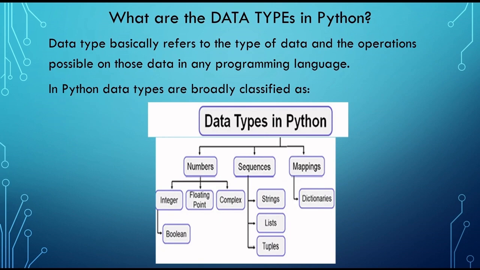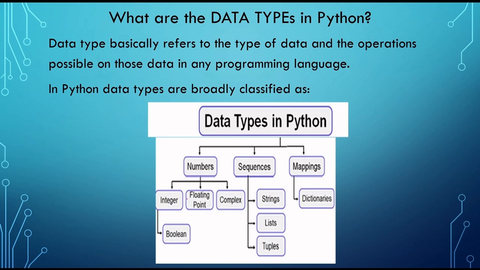Data types in Python. Data type refers to the type of data any programming language lets you use, so that you get to know the type of operations that are possible on data. Every programming language has these data types. In Python, you can broadly classify the data types as numbers, sequences, and mappings.